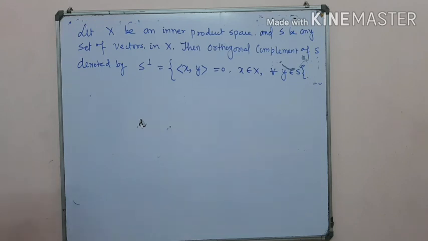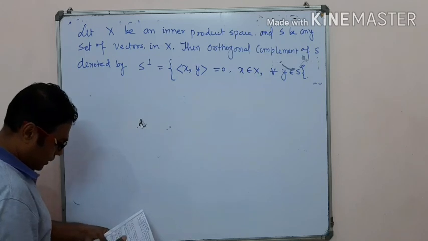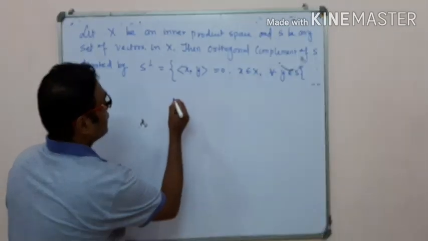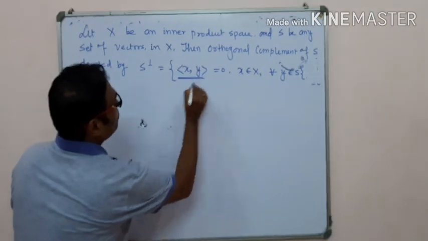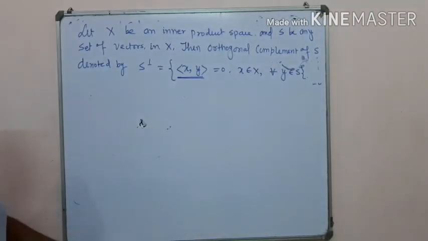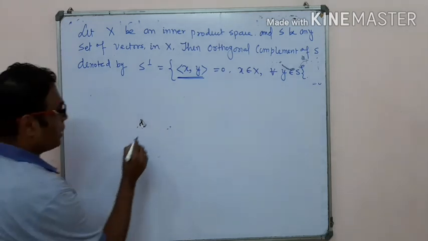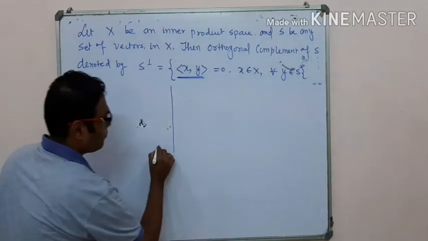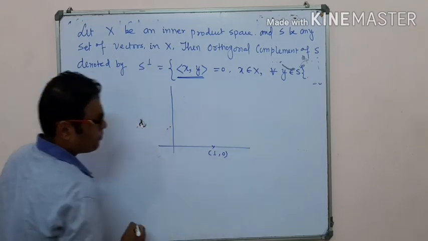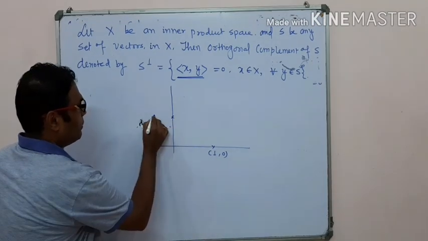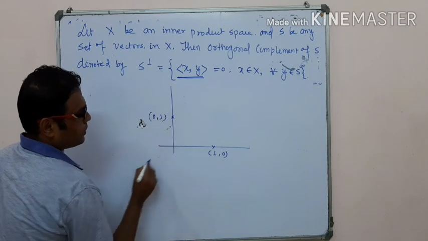That is the set of all those vectors in inner product space X such that the inner product between these two is equal to 0, that is, mutually perpendicular. Geometrically, if we take this element as 1 comma 0, then this element is 0 comma 1.